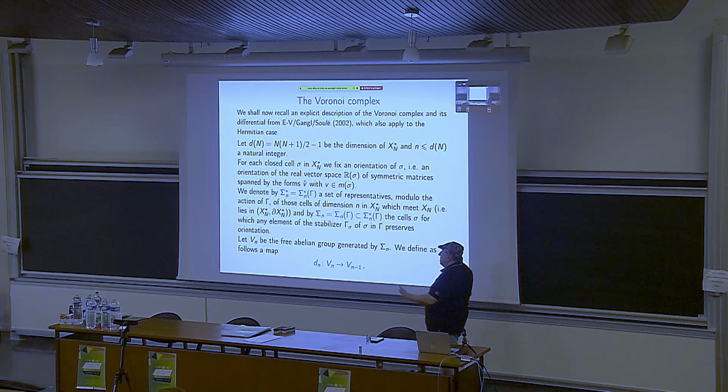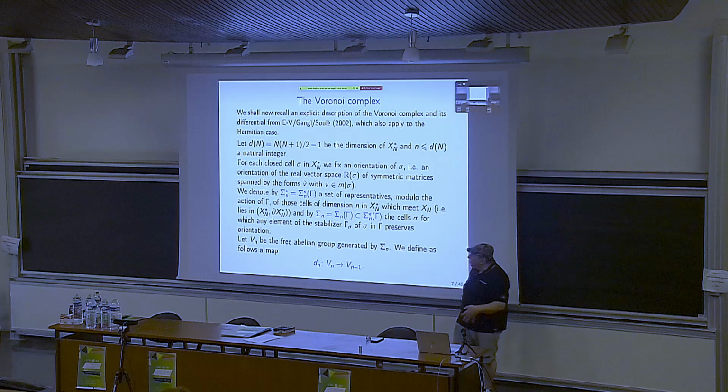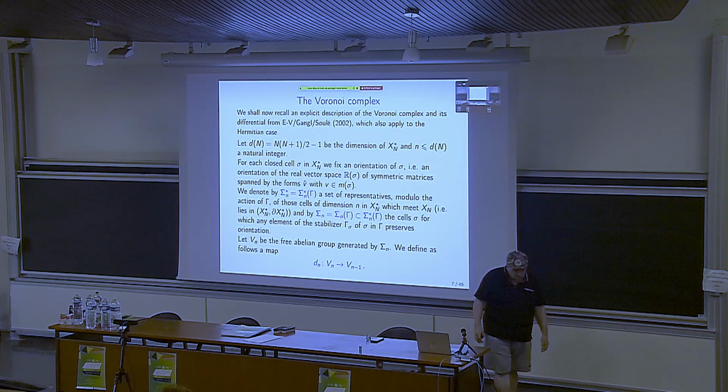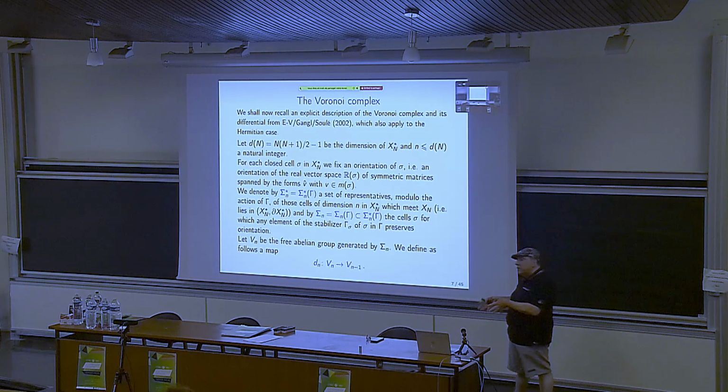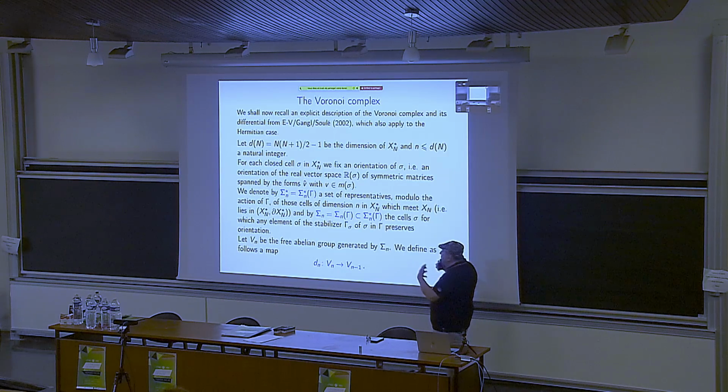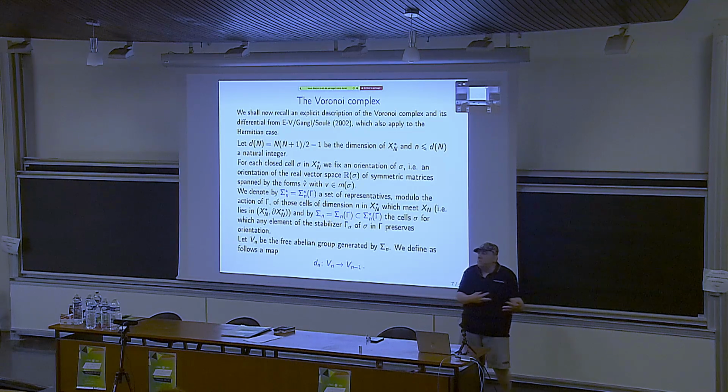And then we also need to fix an orientation and keep only the cells for which the orientation is preserved. Preserved by what? By the stabilizer, of course, in the extension of their own stabilizer.